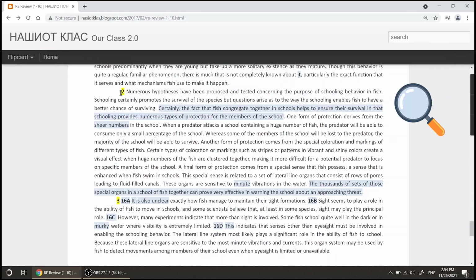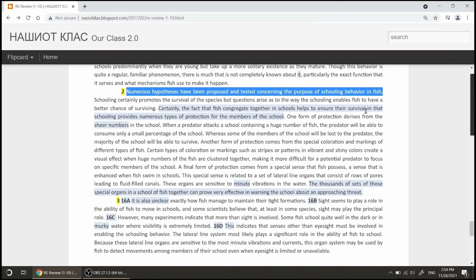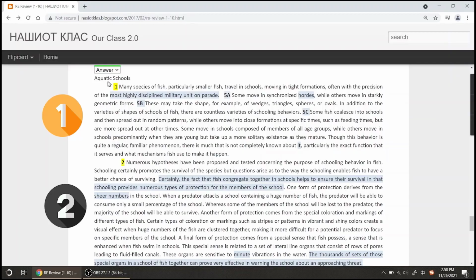When you try to locate the position of answers, read the first sentence of each paragraph. The first sentence of the paragraph usually summarizes the main idea. But no need to start from the first paragraph since it's the introduction of the reading. See, the second paragraph is about the purpose of schooling behavior in fish. So it's about the first table, purpose hypothesis.